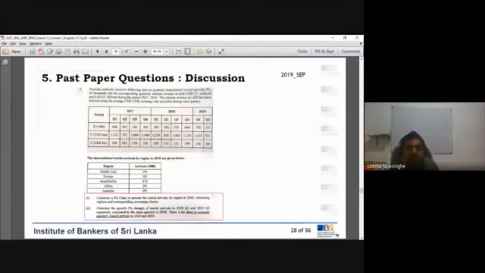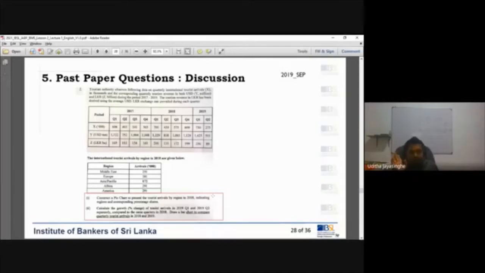Calculate the growth of tourist arrivals in 2019 Q1 and 2019 Q2 separately compared to the same quarters of 2018. So those numbers, 7.1 plus and 38.9 minus, are going to be the changes quarter on quarter. We call it quarter on quarter change for tourist arrivals, 2018 to 2019. Fine.